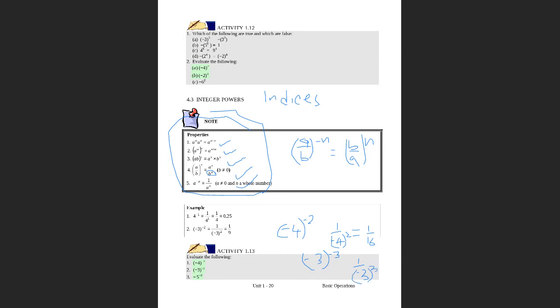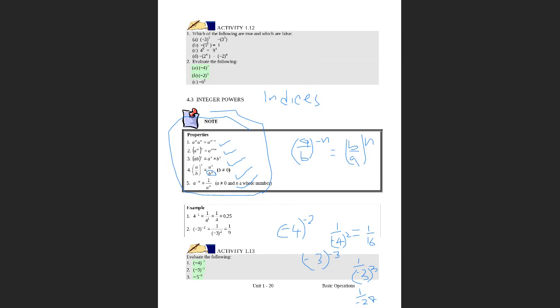Because when you are finding the exponent of a number, and the exponent is an odd number, the number is negative, you still have a negative. So we have 1 over negative 27.